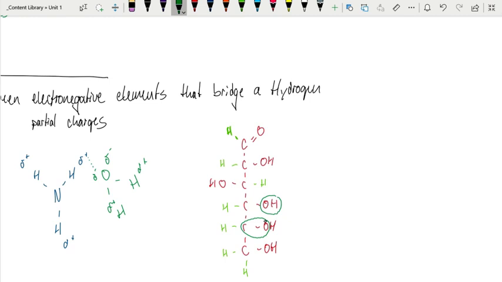Along comes water. Water is covered, because it's a polar molecule, it's covered with these partial charges. It can interact with these parts of the molecule, and with water binding to the molecule, that means that molecule will dissolve. And so we call it hydrophilic or soluble in water, simply because we know that it has these polar covalent bonds on it.